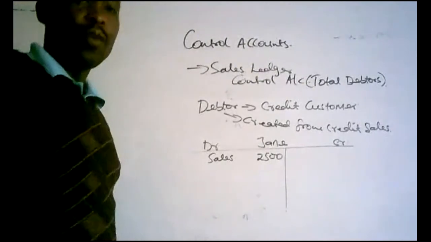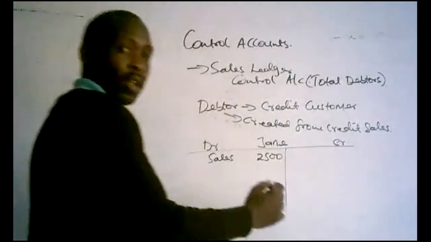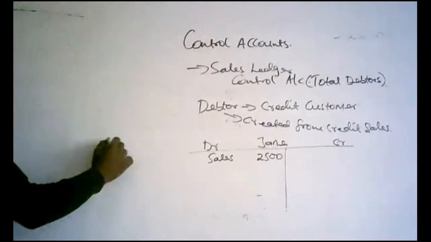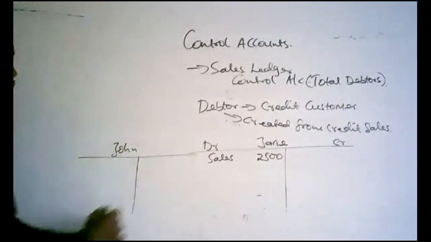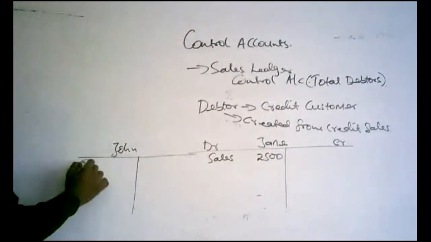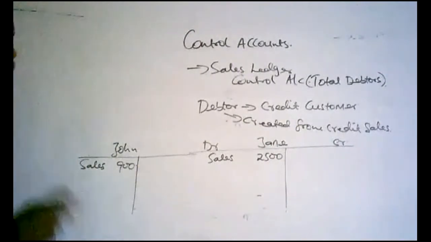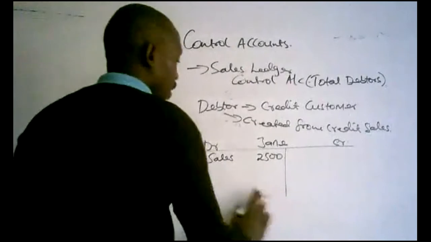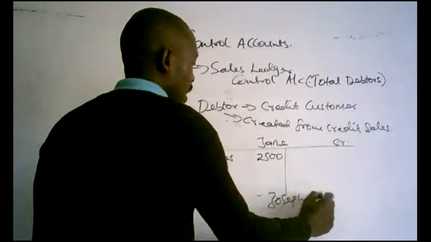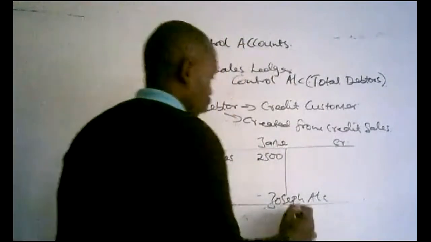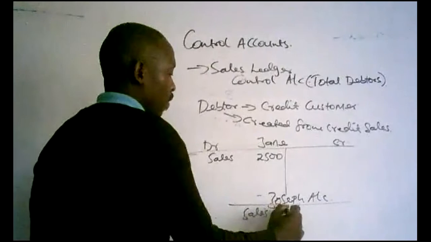On another day, we can have another debtor, maybe by the name John, who has bought goods worth 900. We shall come here and debit John by sales 900. If we have another debtor, maybe by the name Joseph, we can open the Joseph account and debit Joseph by sales of maybe 1,200.